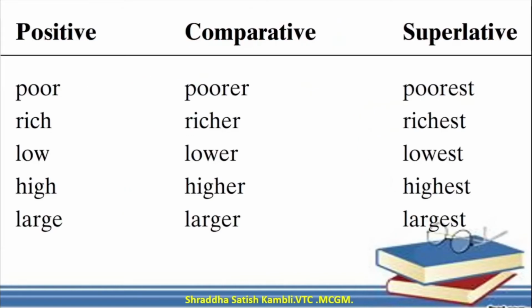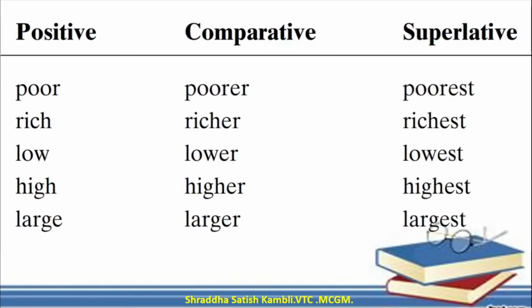So let us look at some examples of regular adjectives and then we will look at some examples of irregular adjectives as well. So see here: poor, poorer, poorest; rich, richer, richest. Remember, you have to always add than and the. Don't forget that, okay?